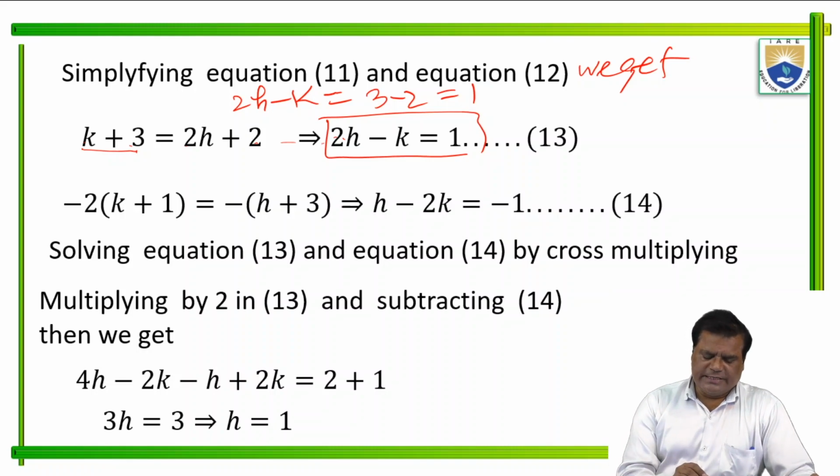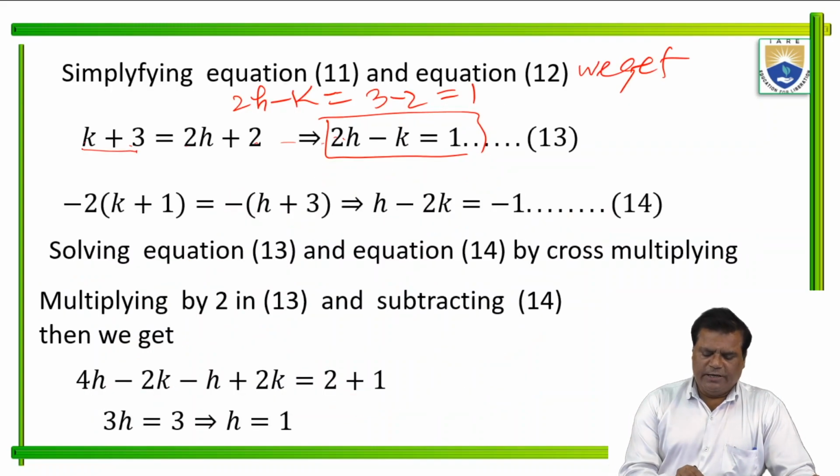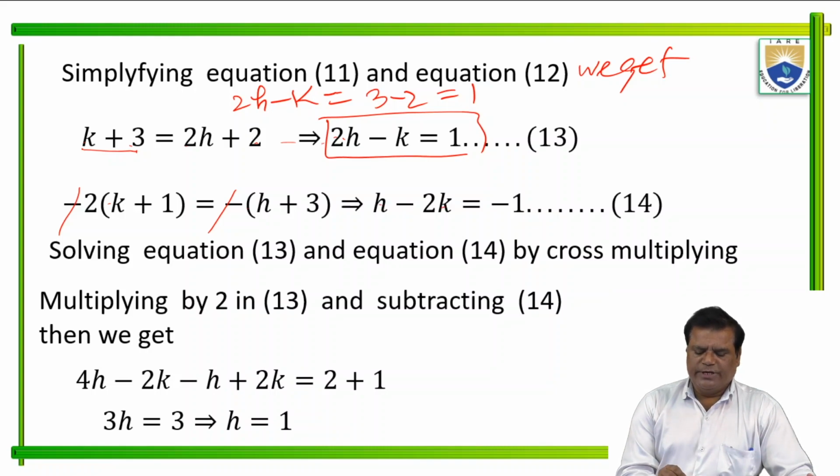Next, from the second equation, minus 2(k plus 1) equal to minus (h plus 3). So minus minus is cancelled. Taking 2k to this side, h minus 2k equal to 2 minus 3, which equals minus 1.